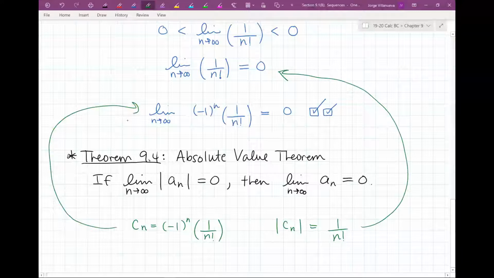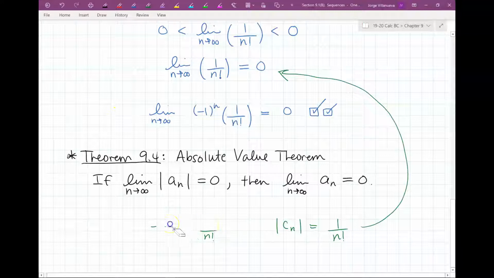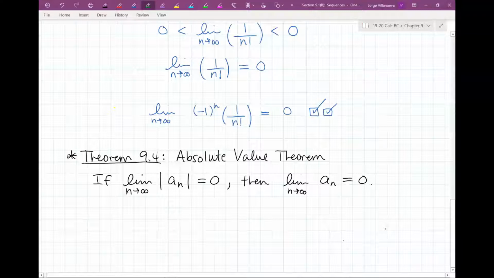Now notice it doesn't say if the absolute value of c sub n equals 5, then the actual sequence equals 5. It doesn't say that. This is a very specific theorem. It says if the absolute value of the sequence is 0, then the sequence itself will be 0 too. If the limit up on top had been 7, let's pretend, it does not mean that this has to be 7 as well.